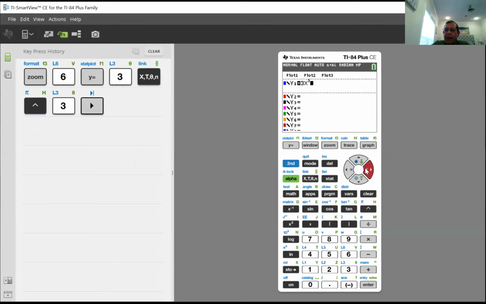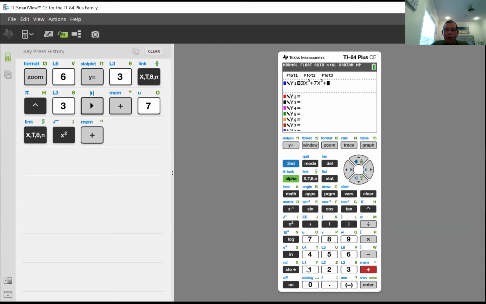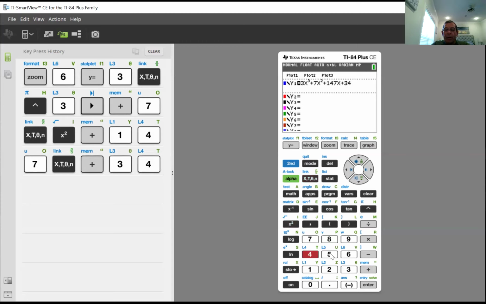All right, let me arrow down. Plus 7x squared. Plus 147x plus 343. So I got my function in there.